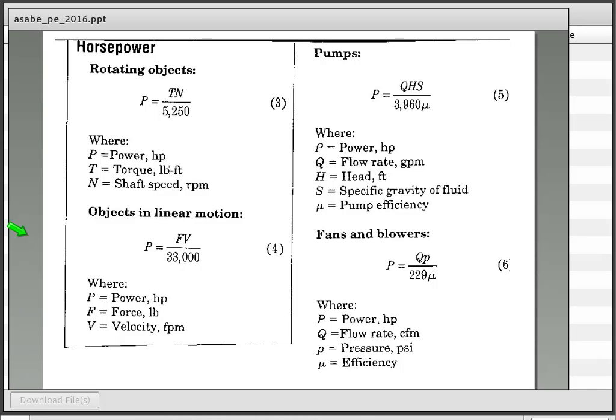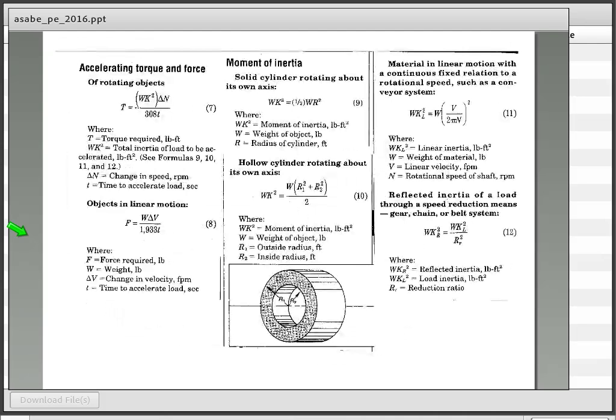And you can go back to the basic definition of horsepower, force times velocity divided by 33,000, which would give you horsepower, where velocity is feet per minute in that case, and so on. I would just commend these to you.